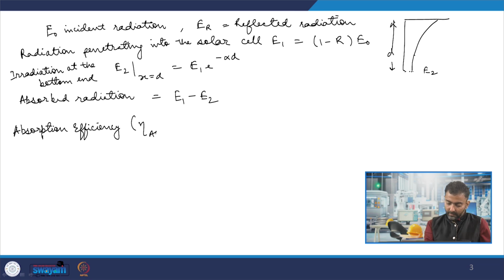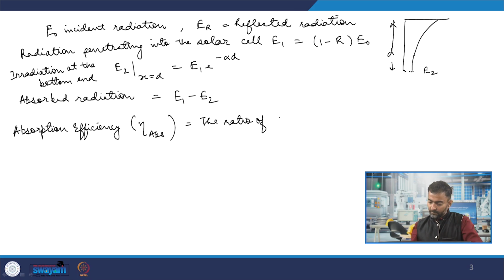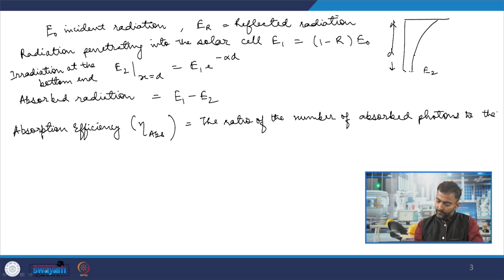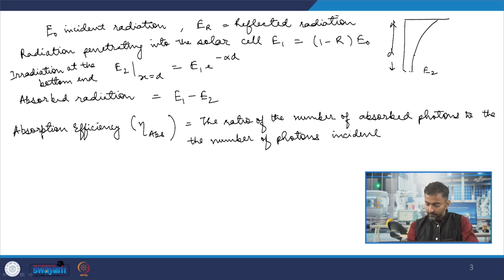We indicate this by the symbol eta subscript ABS, and it is defined as the ratio of the number of absorbed photons to the number of photons incident from outside.